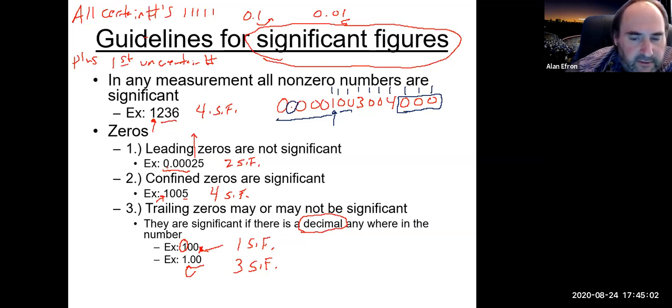This also illustrates the point that even though the zeros are way down here, the decimal is way over here. The decimal does not need to be anywhere near the zeros. Again, it just needs to be present in that number.